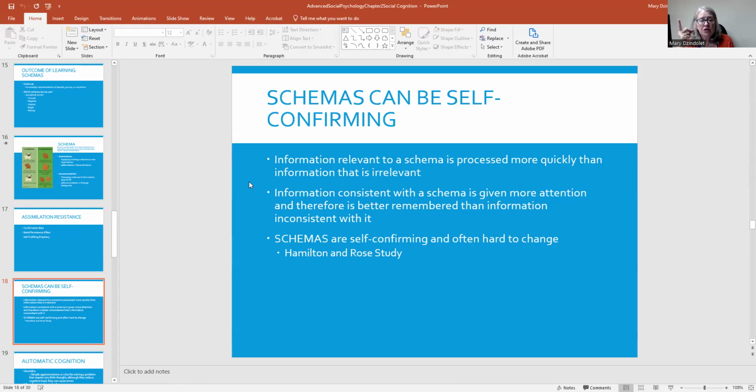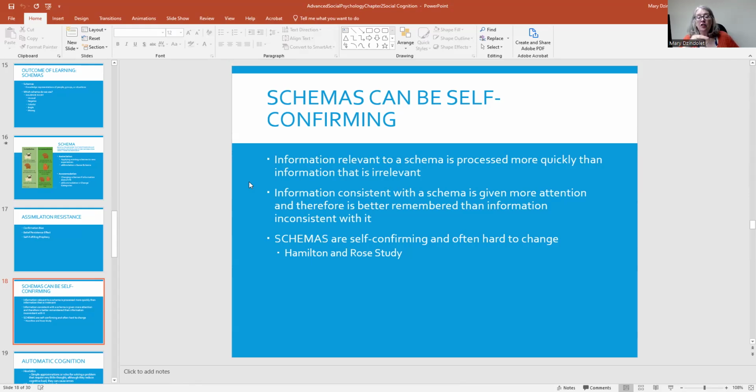Information that's relevant to a schema is processed more quickly than information that's irrelevant to it. Information that's consistent with a schema is given more attention and better remembered than information that's inconsistent with it. Now, there is a caveat to that if you've taken the Advanced Human Cognition course. If it's bizarre, like really inconsistent and really strange, then that's given even more attention.